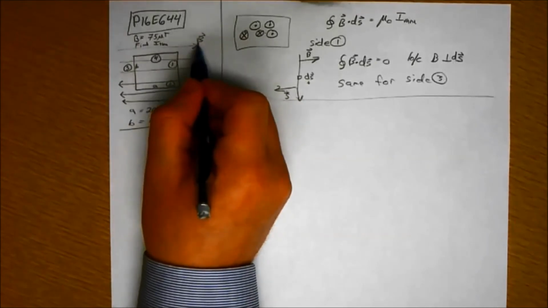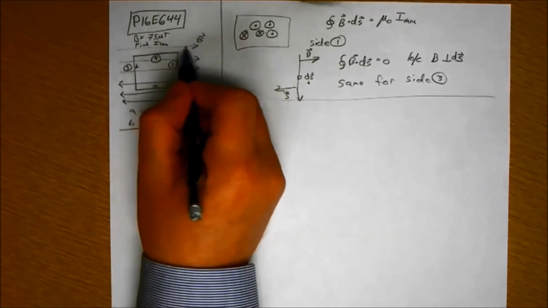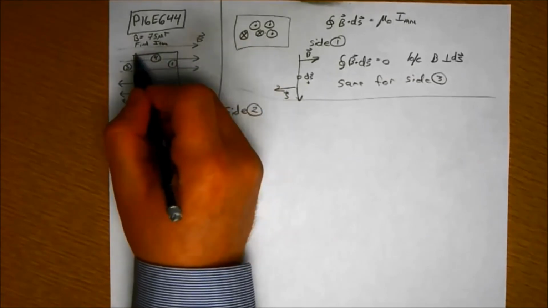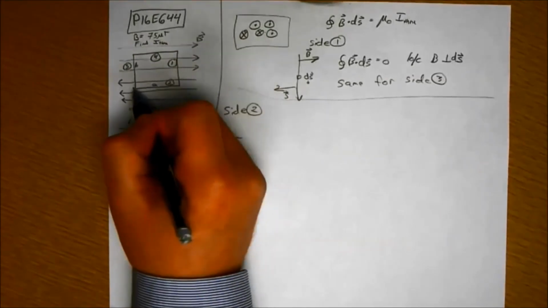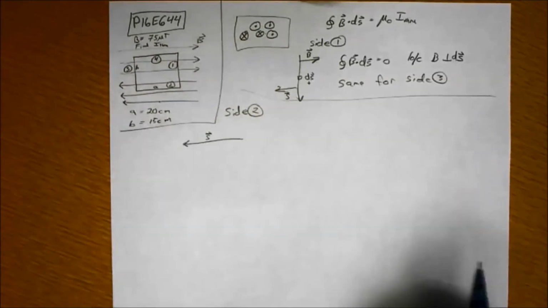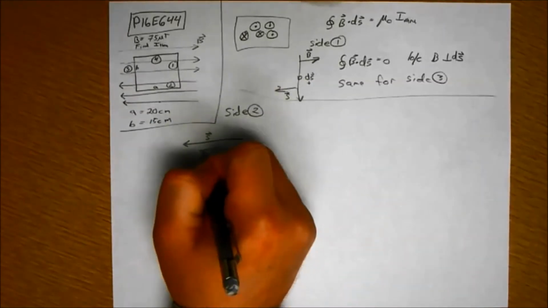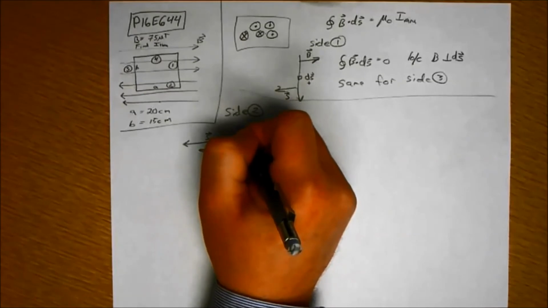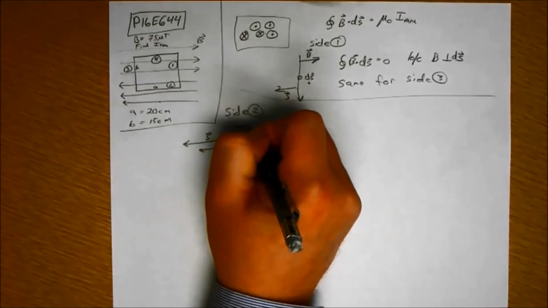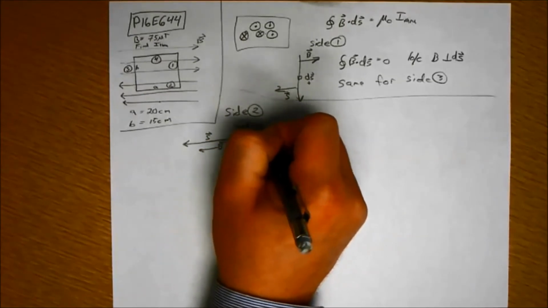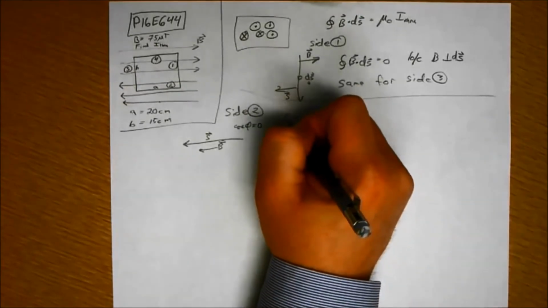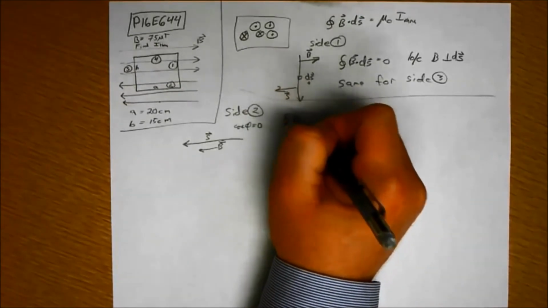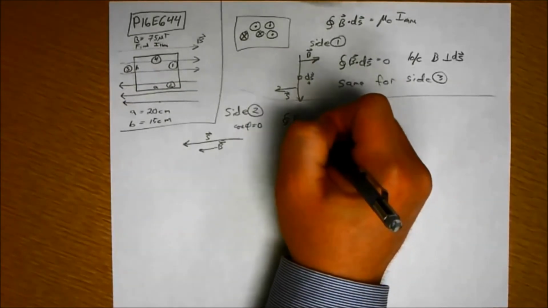Because the magnetic field is in this direction, I chose to integrate along this direction, come back, and then go back the other way along side 2. So the magnetic field is this direction. So if phi is the angle between those two vectors, then cosine of phi is 0. So B, we're going to call it B2.